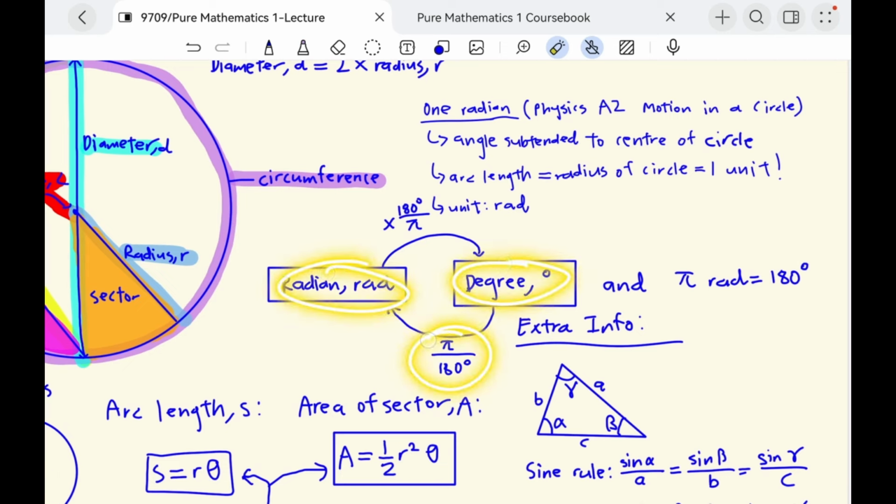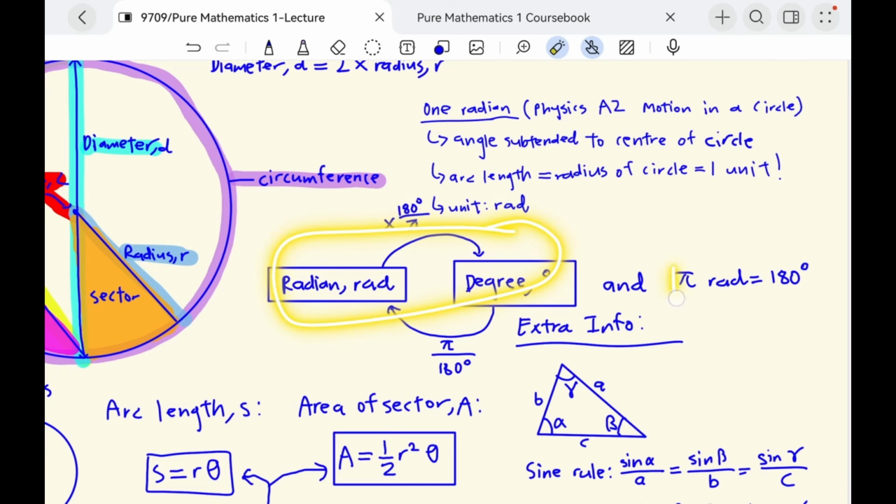Just multiply by pi over 180 degrees, and to convert back from radians to degrees, just swap the pi and the 180. You can read through this by yourself. From the relationship, you can deduce that pi rad equals 180 degrees, because the ratio between them must be proportional.